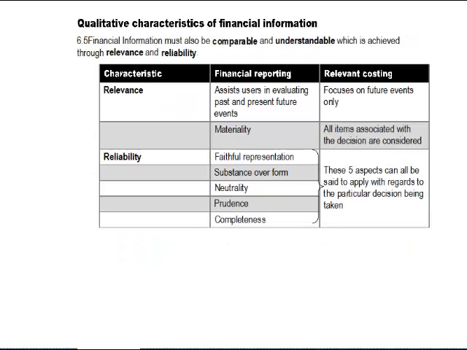Finally, the qualitative characteristics of financial information. Financial information must be comparable between years and also between different entities. And it also has to be understandable through relevance and reliability, understandable by different users of the accounts. So the shareholders, other lenders of the accounts, maybe the employees and reporting institutions.